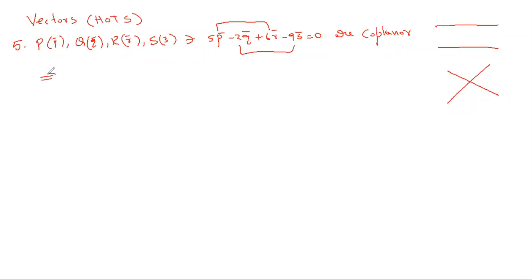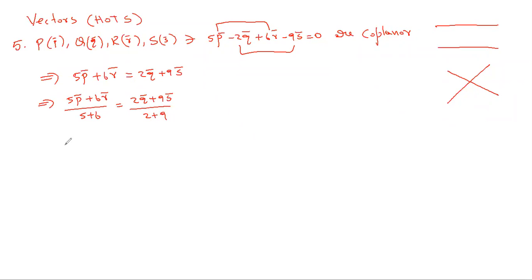That's why you can write this as 5p bar plus 6r bar equal to 2q bar plus 9s bar. That implies (5p bar plus 6r bar) by 5 plus 6 equal to (2q bar plus 9s bar) by 2 plus 9. What is this? 2 plus 9 and 5 plus 6 are both equal to 11.